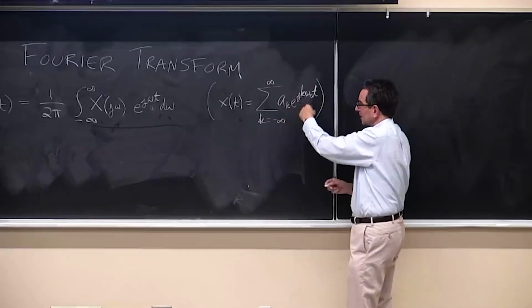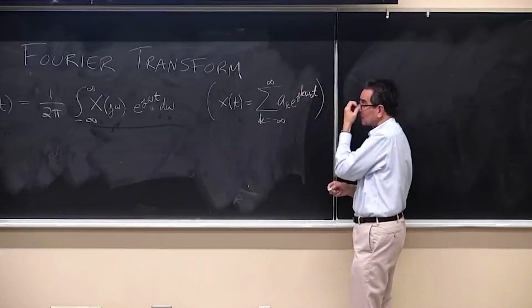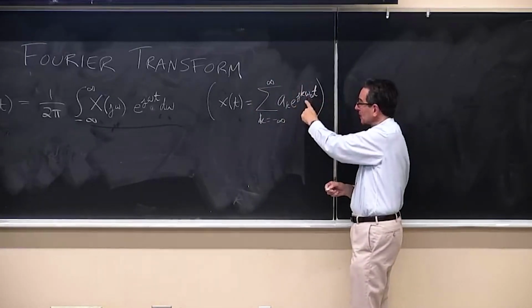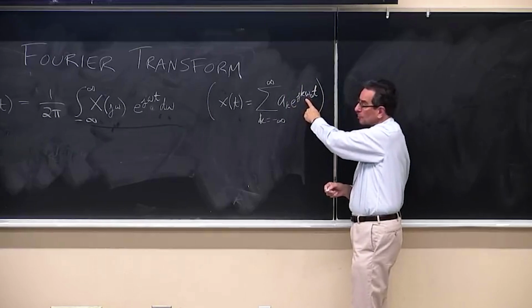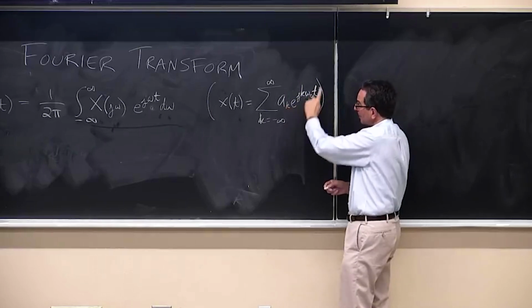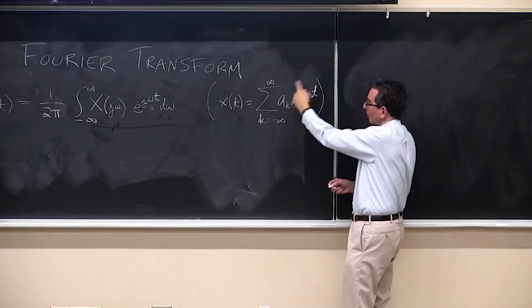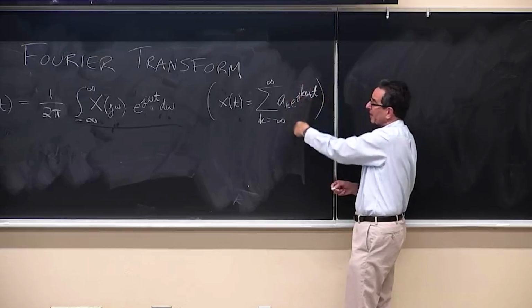So it only had frequency content at multiples of omega naught, and there we summed up over all of those harmonics, all of those k omega naught frequencies.